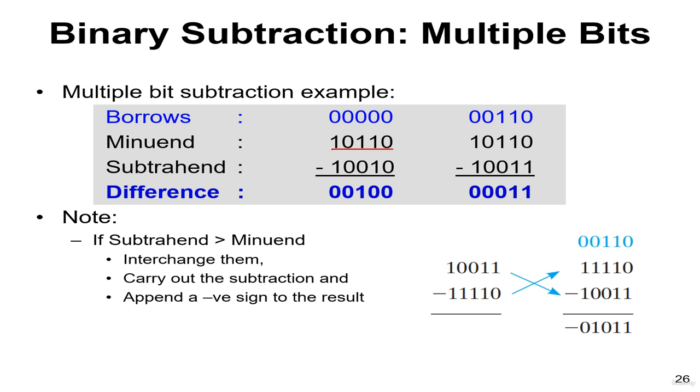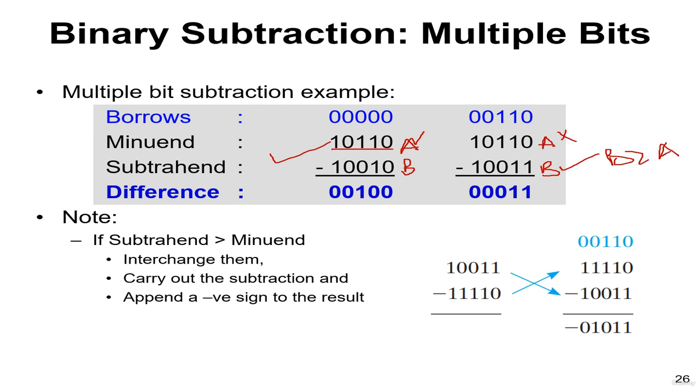But let's say this is A and this is B. If you are doing A minus B and A is greater, then this is okay. But if you are doing A minus B and B is greater and A is smaller, so you cannot carry out this subtraction like this.